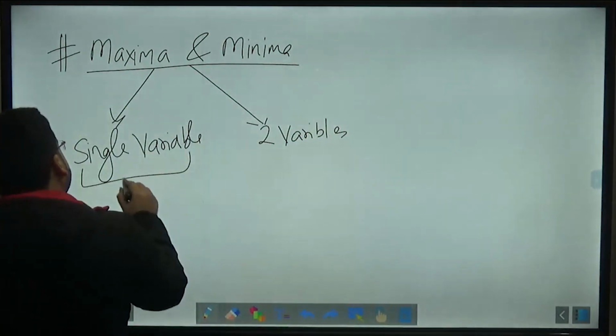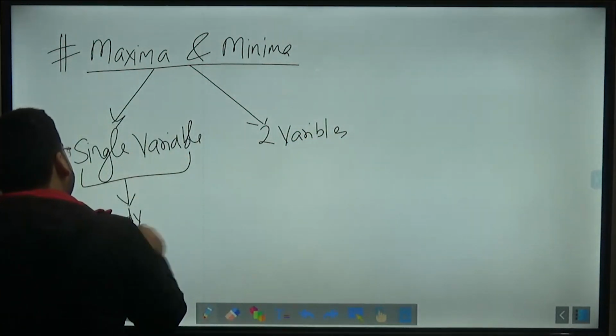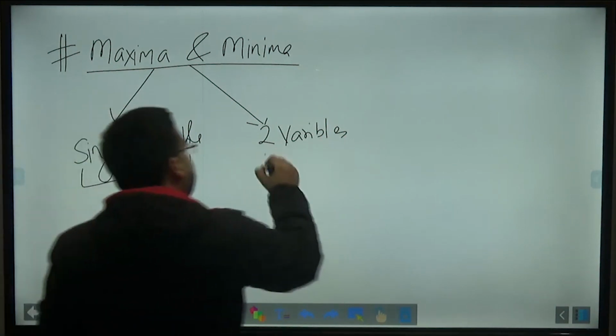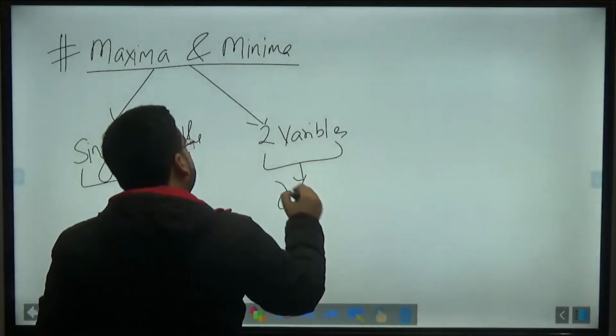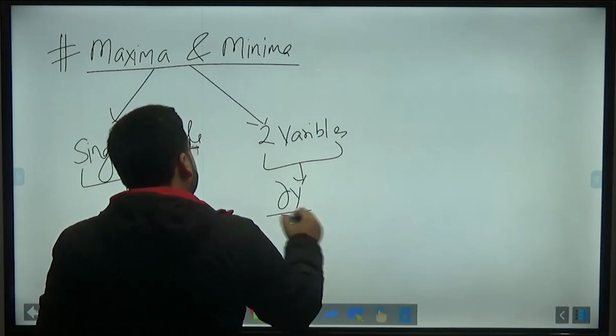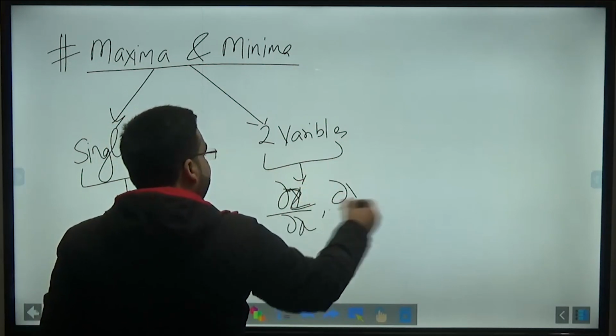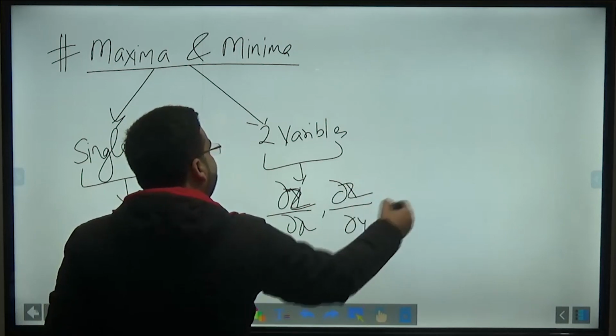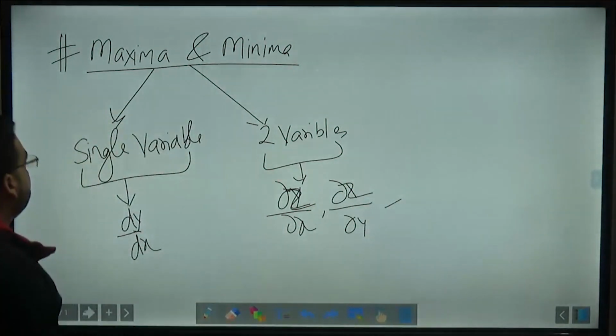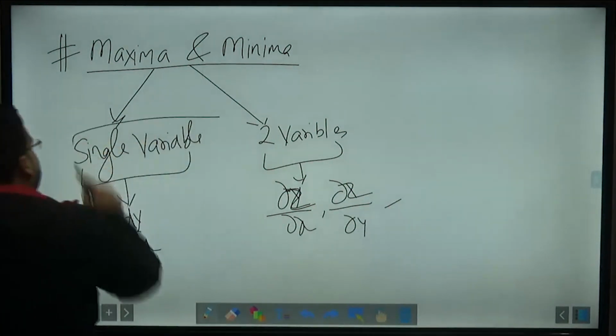For single variable we have the concept of derivative dy by dx, and for two variables we have the concept of partial derivative dou z upon dou x, dou z upon dou y, and so on. First of all, let us discuss the single variable.